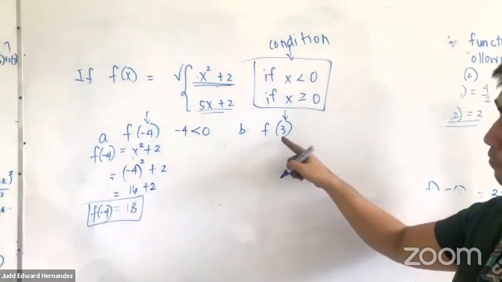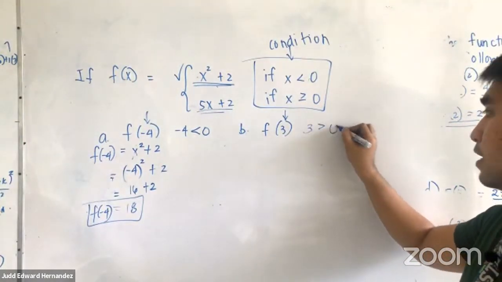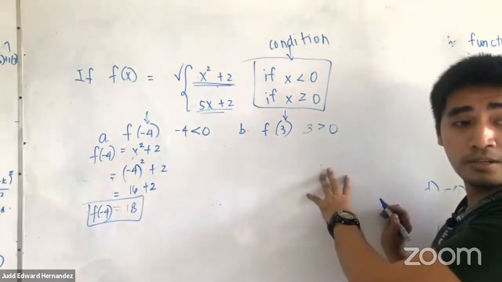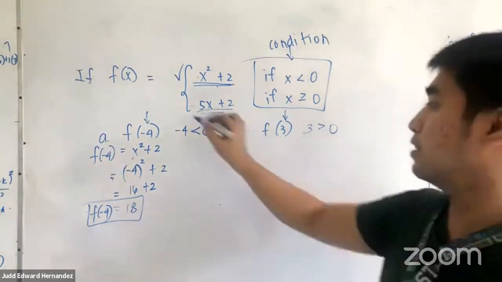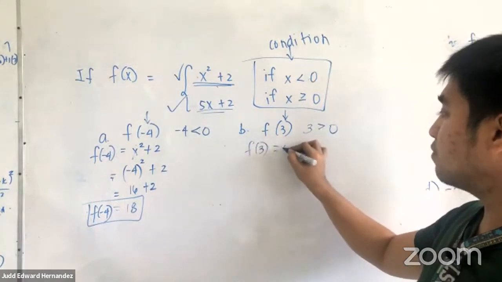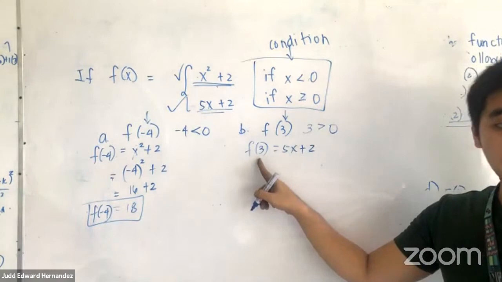For this one, we could say that 3 is greater than 0, and it falls with the second function, and this is 5x plus 2. Therefore, we will be using 5x plus 2. And we need to evaluate it at x is equal to 3.